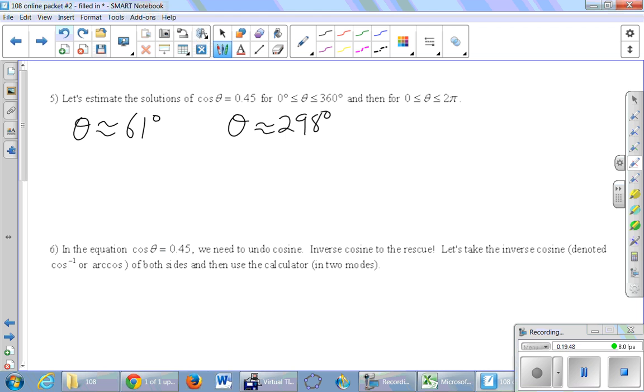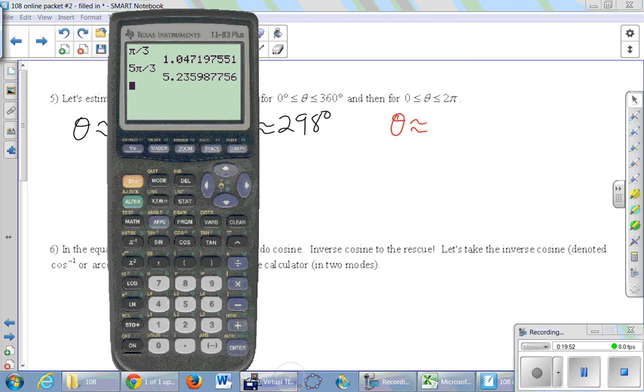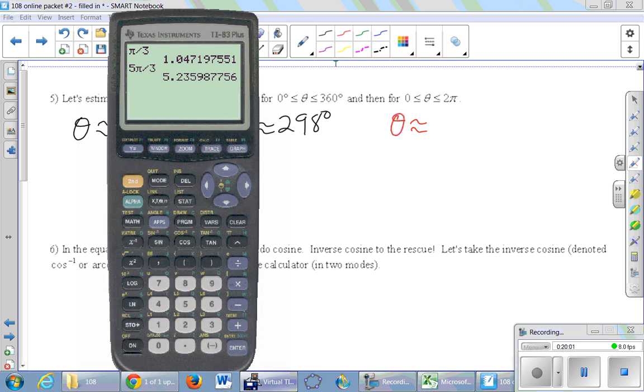Or in radians, we have our 2 answers that we had before. So again, looking at the calculator, we had 1.047. The true angle we wanted was a little bit bigger than that, so maybe 1.05, just estimating. Or theta is approximately, and then we got this 5.236, and we wanted something a little smaller than that, so maybe something like 5.22.